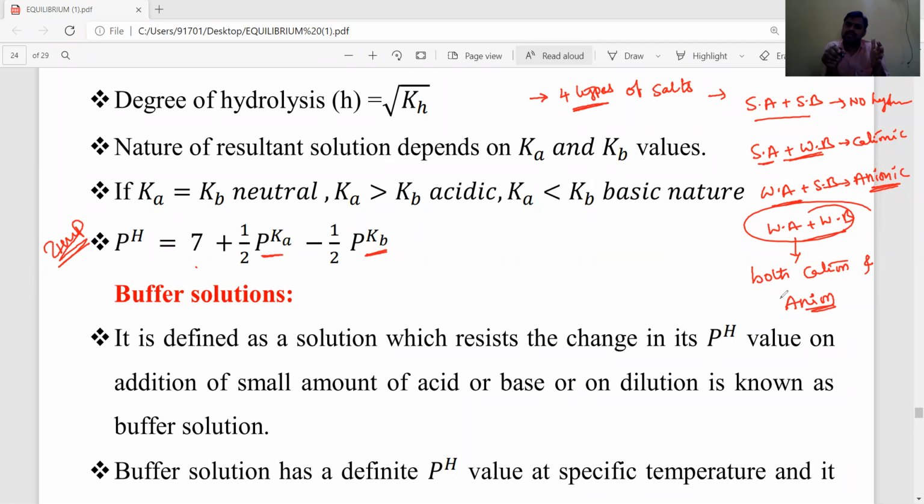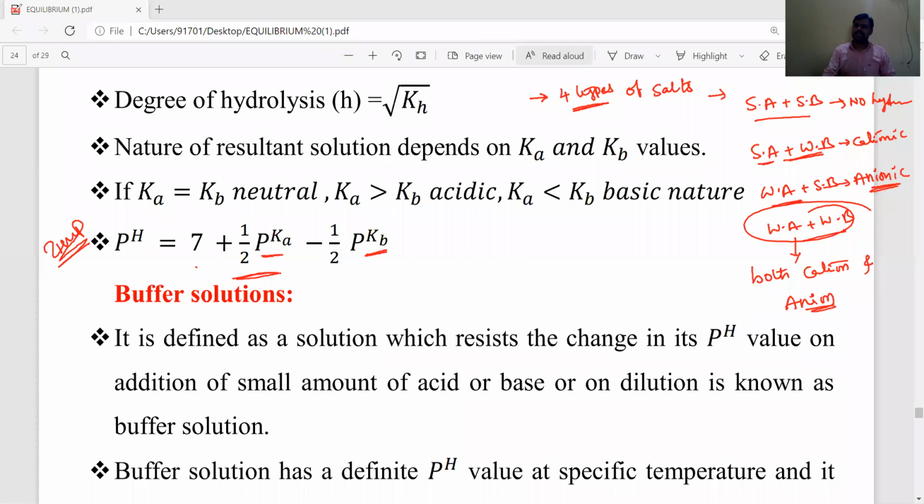If Ka is more than Kb, the resultant salt solution has acidic nature. Or if Kb is more than Ka, the resultant salt solution is basic in nature. In that case, the pH value is equal to 7 plus 1 by 2 pKa minus 1 by 2 pKb. Okay students, these are the different types of salt hydrolysis processes.